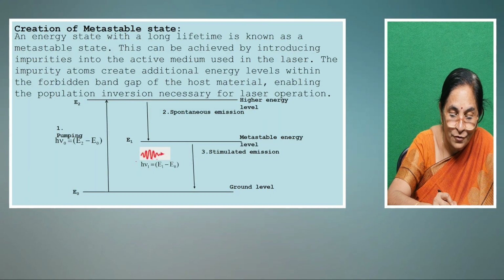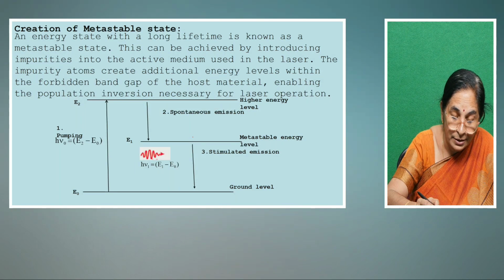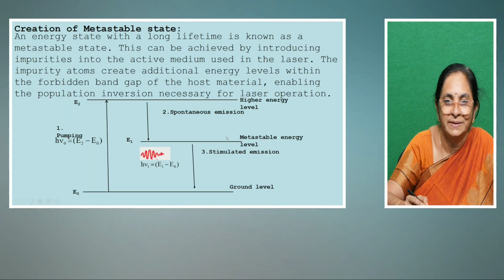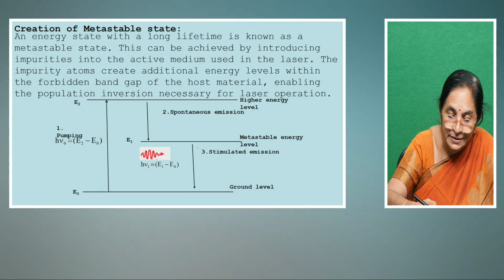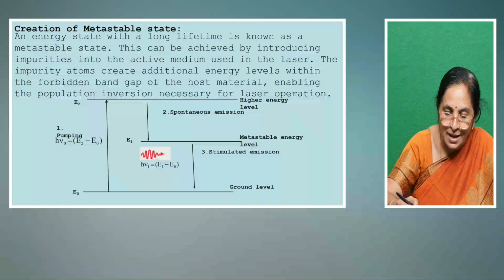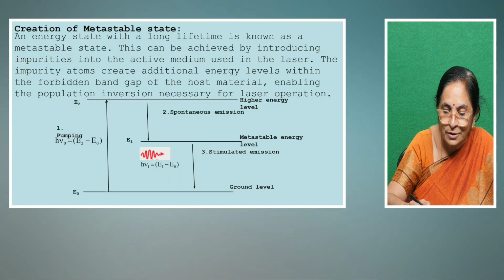We send some photons whose energy is equal to the difference between the energy levels E1 and E0. These photons interact with the atoms in the metastable state. So they absorb, they can't hold that. So what will they do? They will emit the absorbed photon as well as the excess energy they possess, and they return to the ground state, causing stimulated emission.